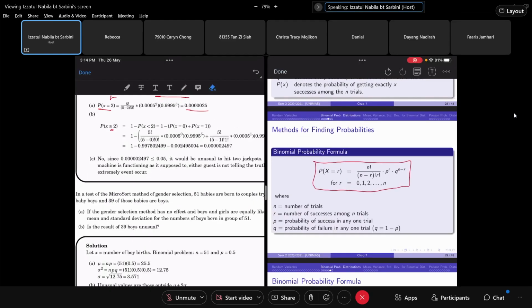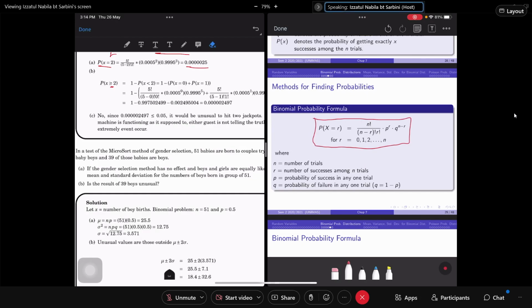So in order for you to calculate this, you have to subtract from 1 anything that is less than 2, right? Because you want the probability of getting at least 2 and more. So 1 minus anything less than 2, you will get probability of x equal to 2 and more. Can?